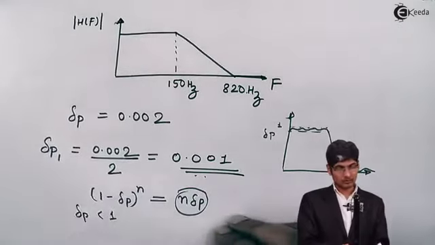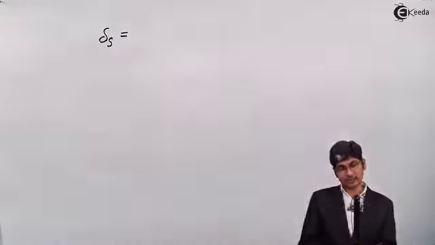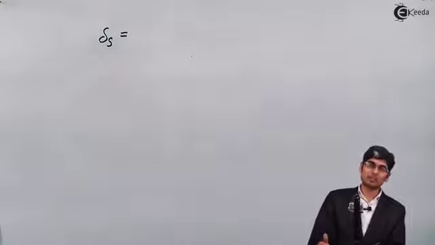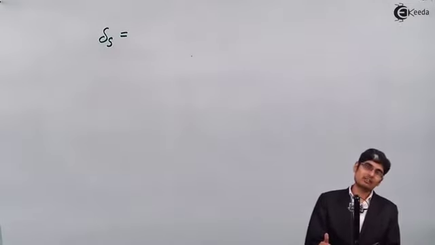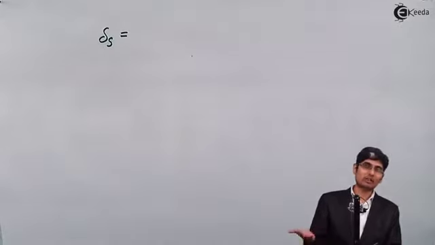Then delta S. Now, if I divide delta S also by 2, does it really matter? Delta S is a very small quantity, and by cascading in the stopband region, the effect will not be much higher. Once you reach the stopband, it's stopband, and I really don't care about it.